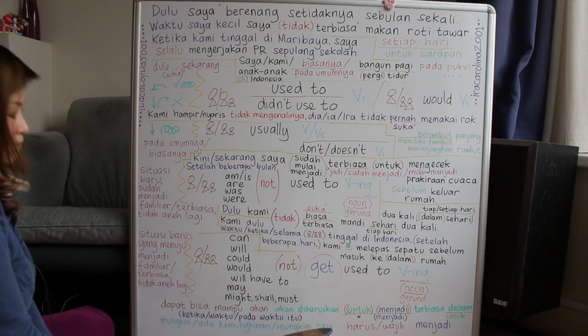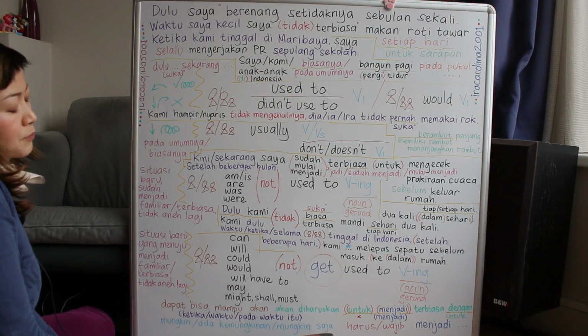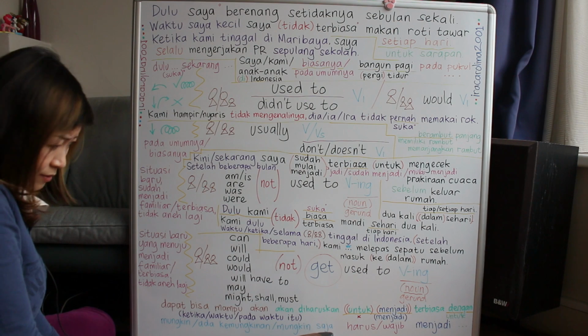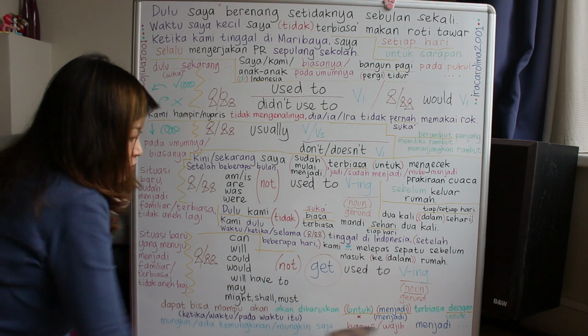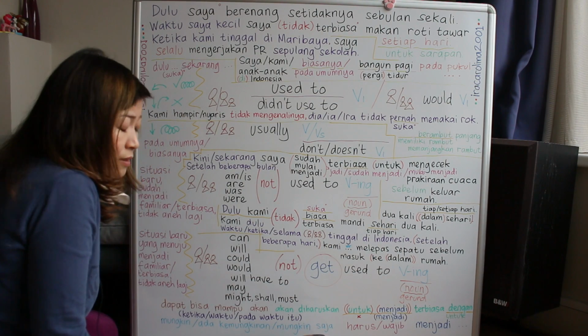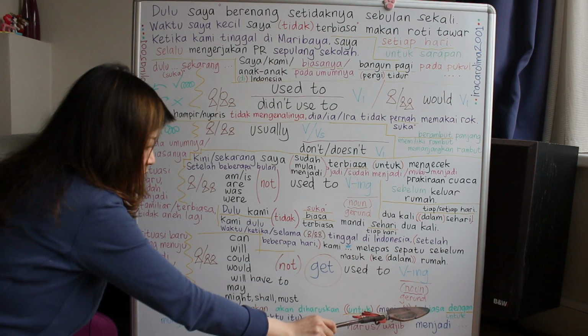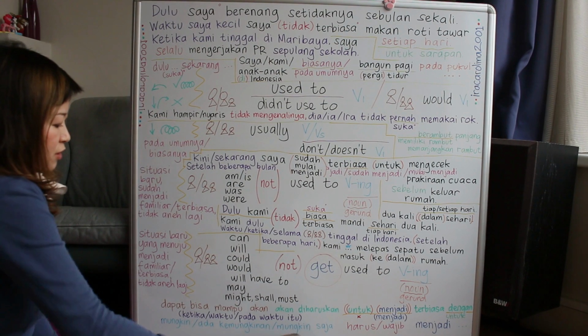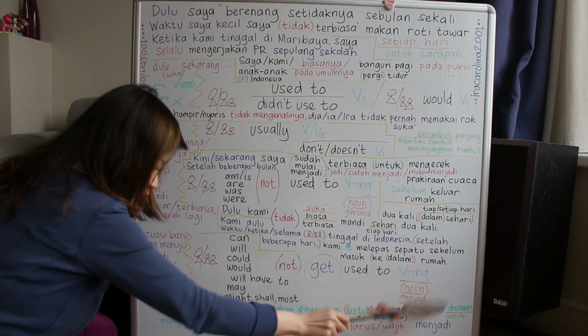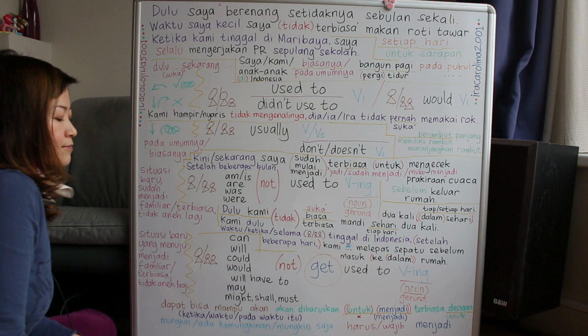Menjadi, be or get or become, and then we add the used to. Terbiasa dengan or terbiasa untuk. Yeah. So for these words, don't forget the menjadi.